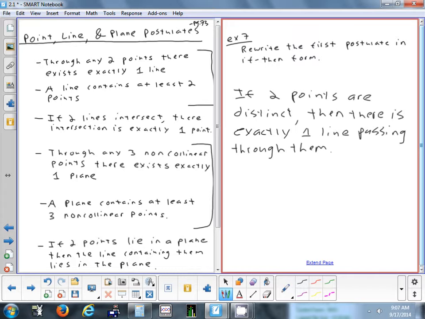And we could take any of these postulates and rewrite them in if-then form. This part does take a little practice to get used to doing. Any questions on that?